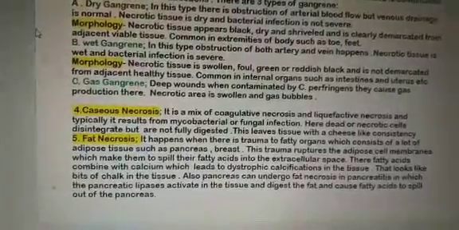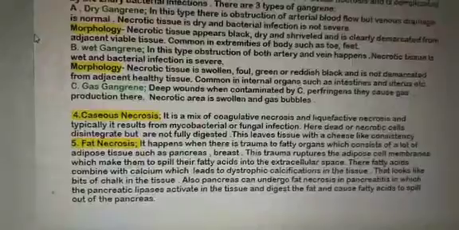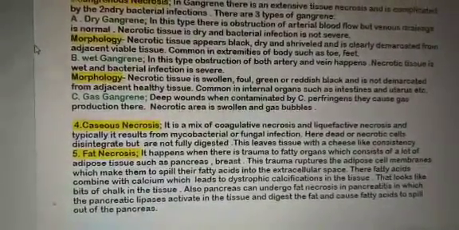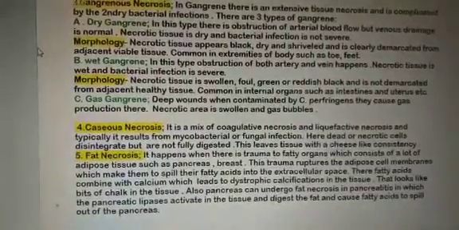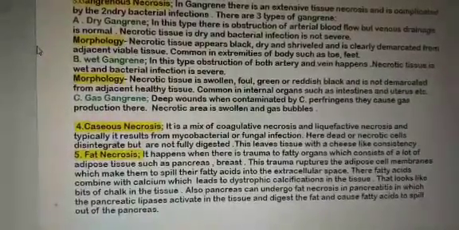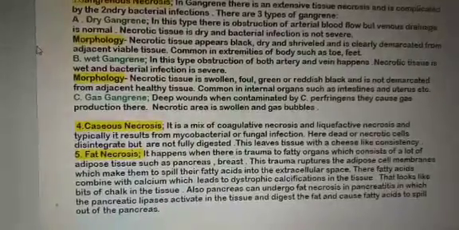The next type is the fat necrosis. I have written this in very simple language and we can understand it even by reading it. So in fat necrosis, there is trauma to the fatty organs which consist of a lot of adipose tissue, such as the pancreas and breast.